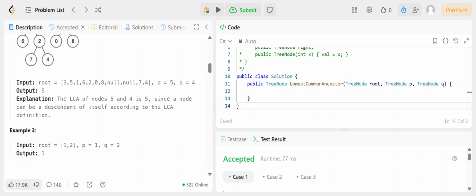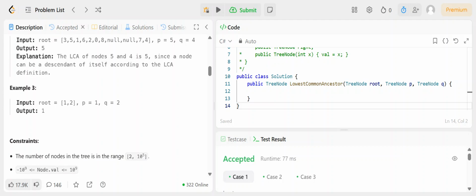That is example 2. And we are given a simple one where we have 1 and 2. That means we have 1 and on the left there is nothing.